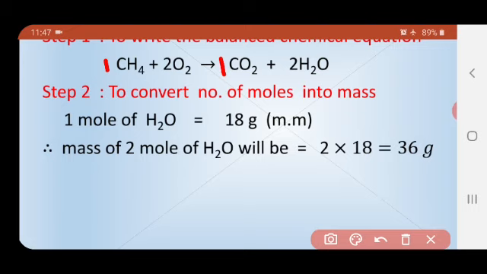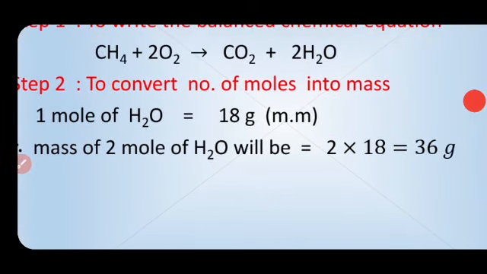Means 1 mole of methane produces how many moles of water? 2 moles of water. If we know this mole conversion, we can convert the number of moles into mass. How can we convert? Number of moles into molecular mass will give you the total mass.